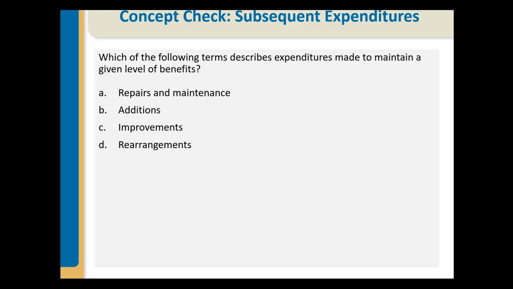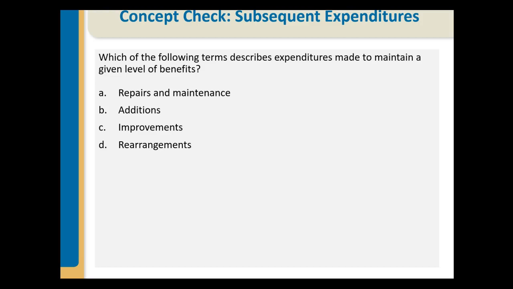So let's take a look at a concept question. Which of the following terms describes expenditures made to maintain a given level of benefits? Repairs and maintenance, additions, improvements, or rearrangements?